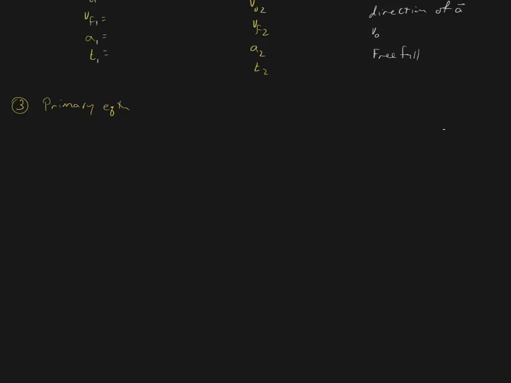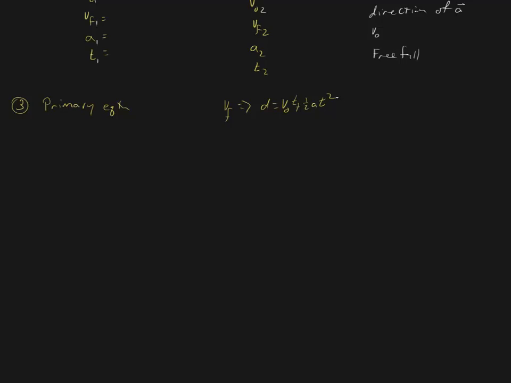Now, what I mean by that is this. If you're looking for the final velocity, right? Maybe this is what you're looking for. You would not use this equation. Doesn't make any sense to use that equation. There's no v final in that equation, right?